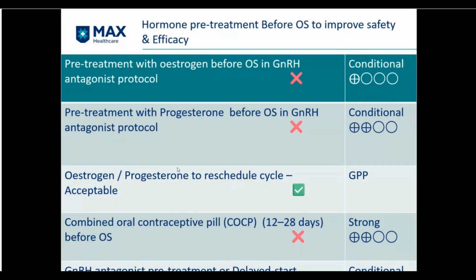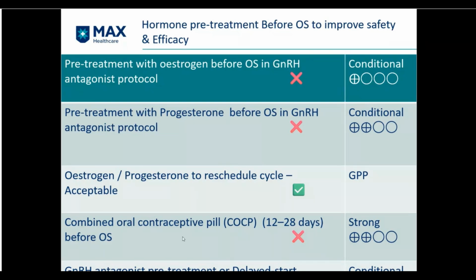However, many of us use either estrogens or progesterones to reschedule our cycle, which is a good clinical practice point, and it is well accepted. If we are using them to reschedule, the guidelines say it is acceptable. However, considering the safety and the efficacy, they are not to be recommended.